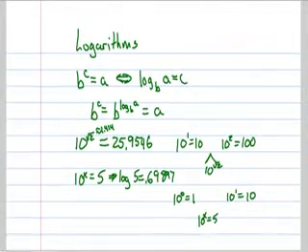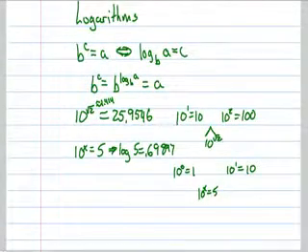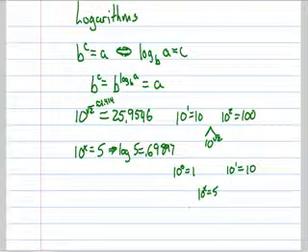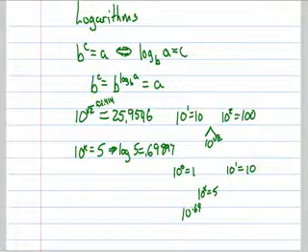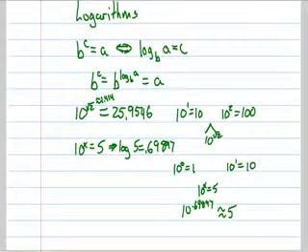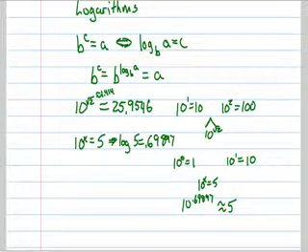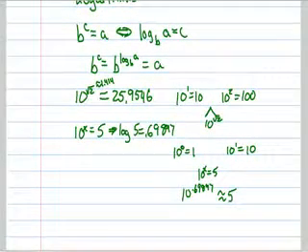It's between 0 and 1, and if you put 10 to the 0.69897 in your calculator, you're going to get a value that's approximately 5. You're probably going to be pretty close to the nearest, say, 100,000th, millionth.